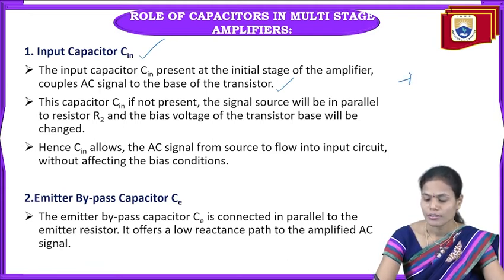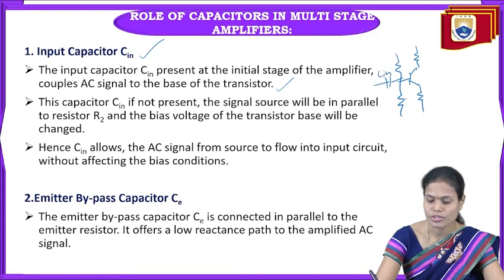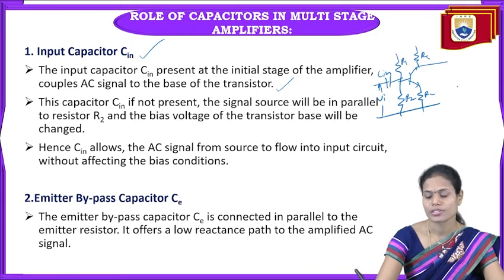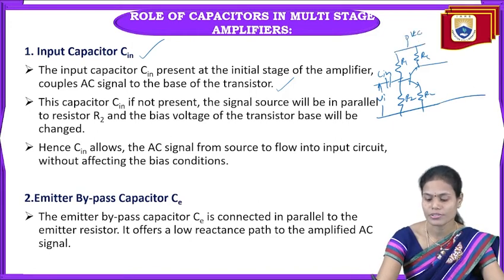Suppose this is my amplifier. Here I am using Cin. Here we have R1, R2, RC and RE. Here we are applying the input signal. The same thing applies to the second stage, and we are providing VCC here.